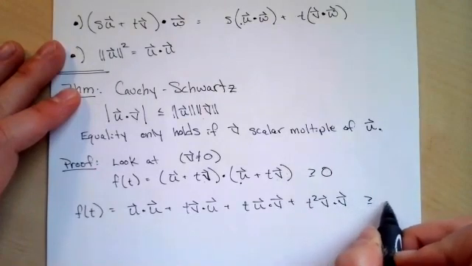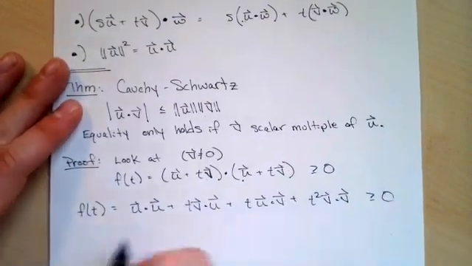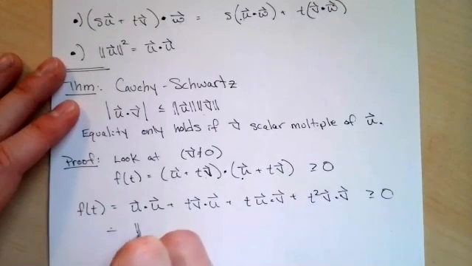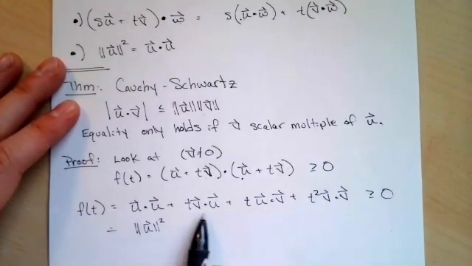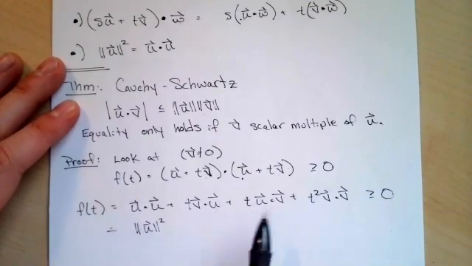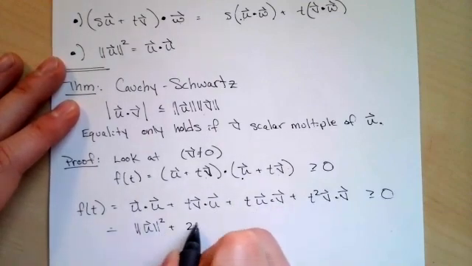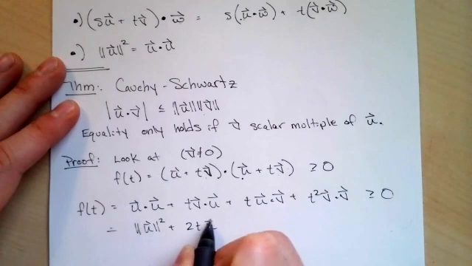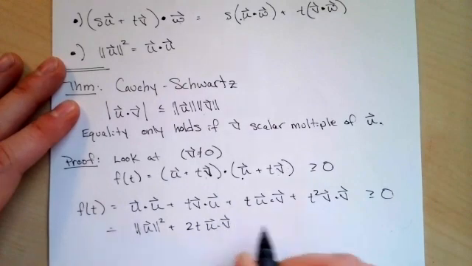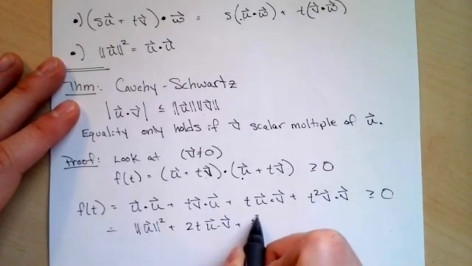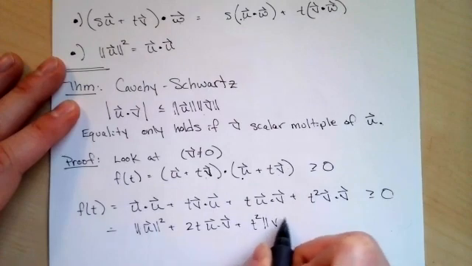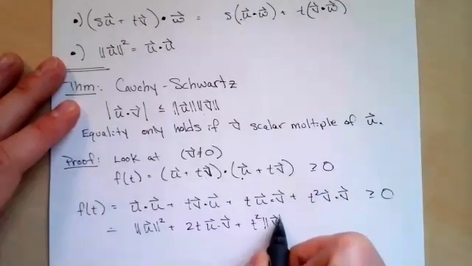And we know that's going to be greater than or equal to 0. Simplifying by our properties, this is the norm of u squared. Since the dot product is symmetric, this is going to be plus 2t times u dot v plus t squared times the norm of v squared.